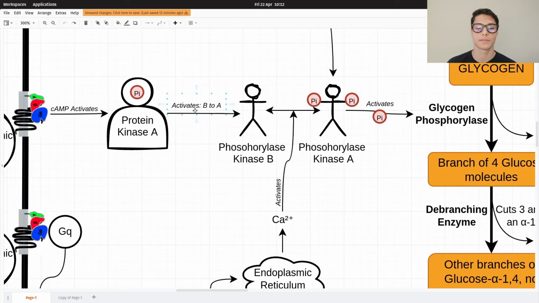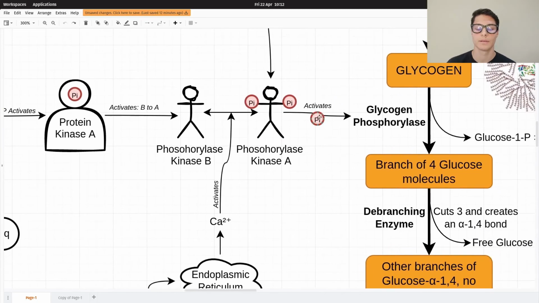This is protein kinase A, phosphorylase kinase B, to convert it into the active form, which is phosphorylase kinase A. So it activates B to A, because this is the same enzyme, only that this is activated with the phosphates, and then the phosphorylase kinase A can activate the glycogen phosphorylase by giving it phosphates. So this enzyme is activated when it has phosphates.